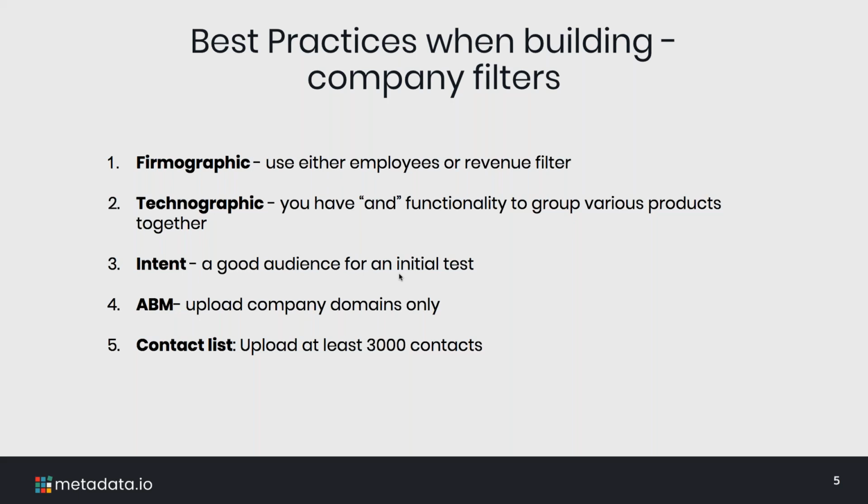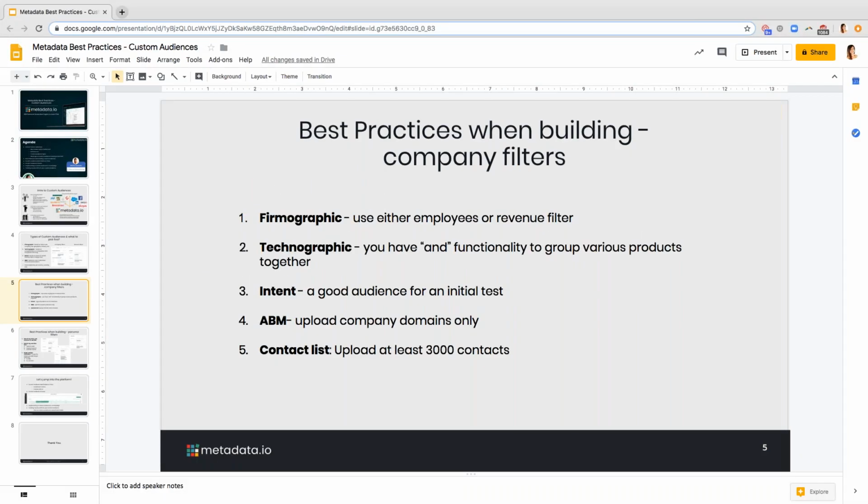The next is technographic. In technographic, you have an AND functionality to group various products together. So let's go into the Metadata demo account and look into building this audience.